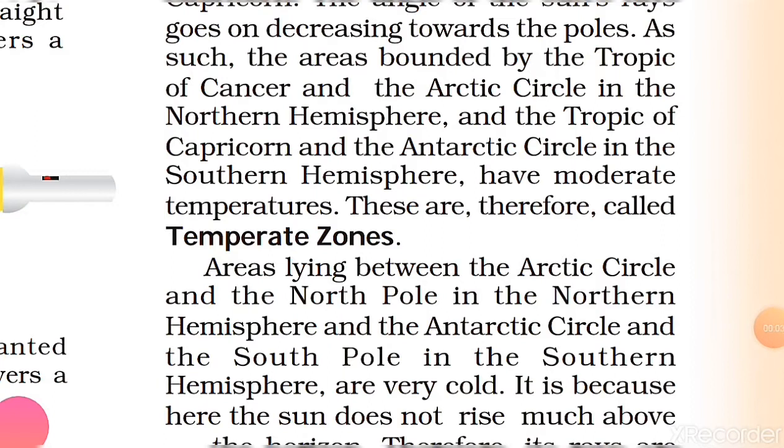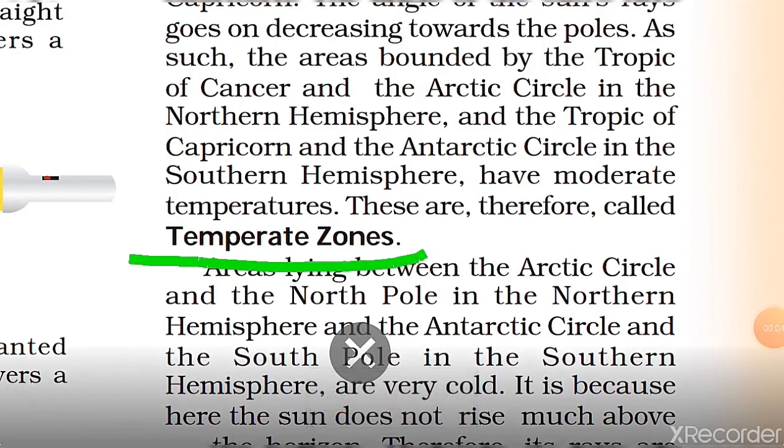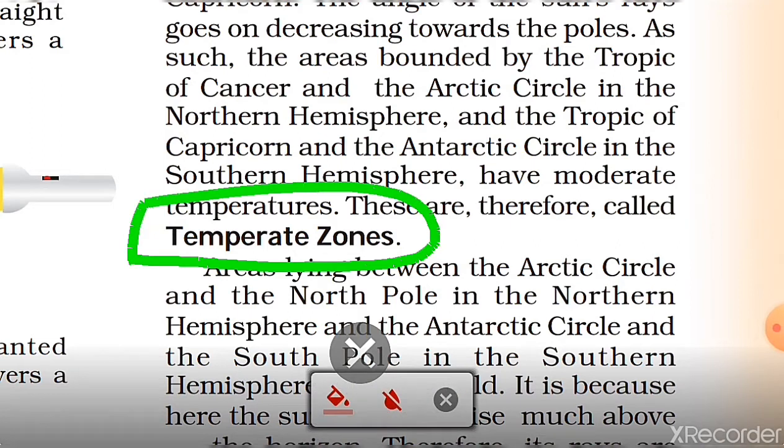Now you got that point. What is the temperate zone? The area bounded by the Tropic of Cancer and the Arctic Circle in the northern hemisphere, and the Tropic of Capricorn and the Antarctic Circle in the southern hemisphere, has moderate temperature.